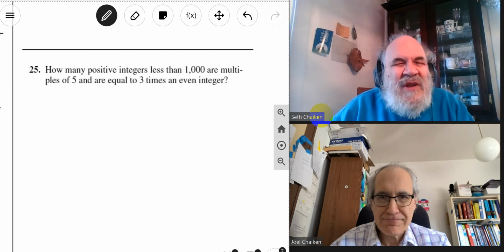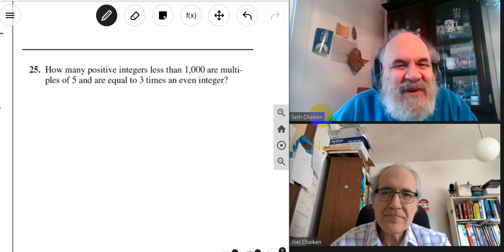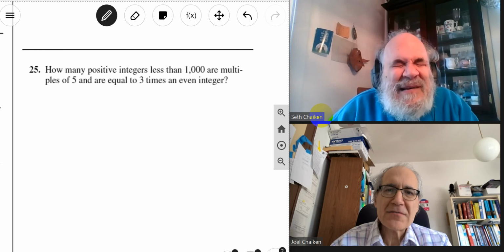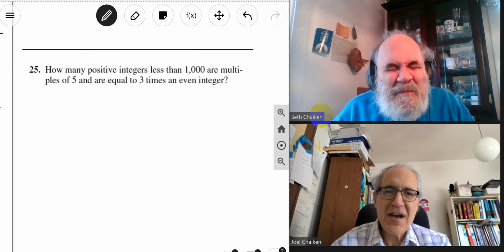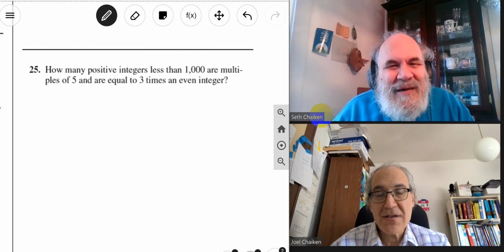So it's looking for numbers that are both multiples of 5 and multiples of 6. Even the lowest even integer is 2.